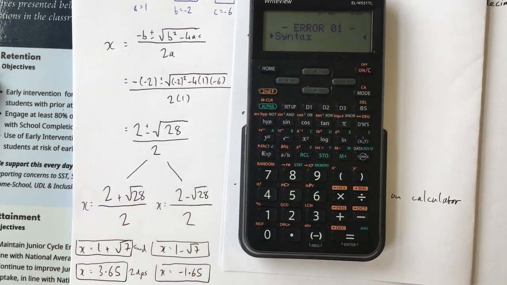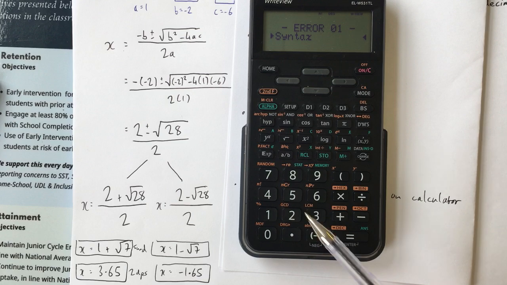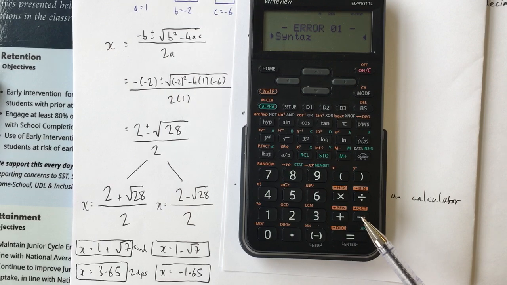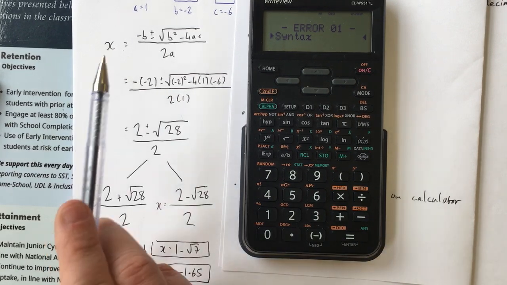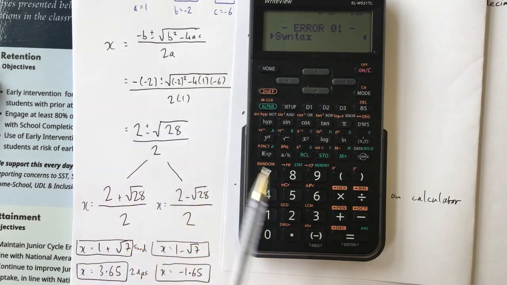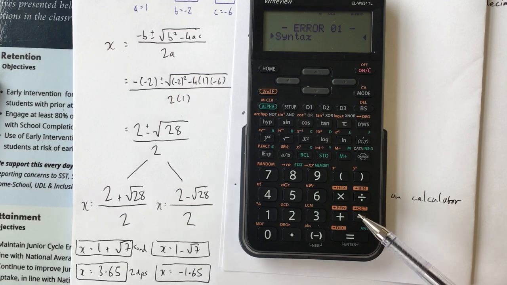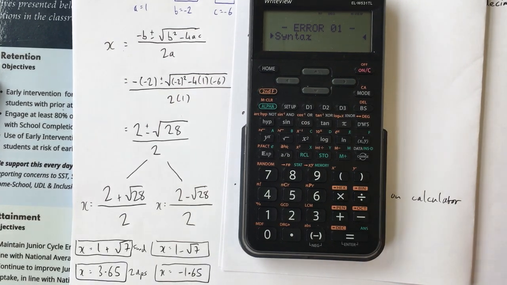On your calculator, they make a distinction: this is how you enter a negative number. So that -6 should have been using that button there. And this is takeaway. So take away 4 times 1 times -6, it's that button. That is how you enter a negative number. That is the operation takeaway.